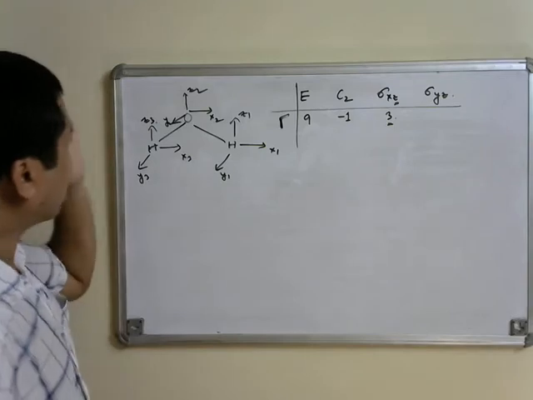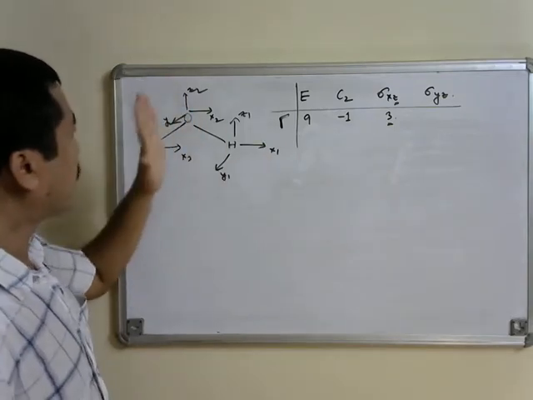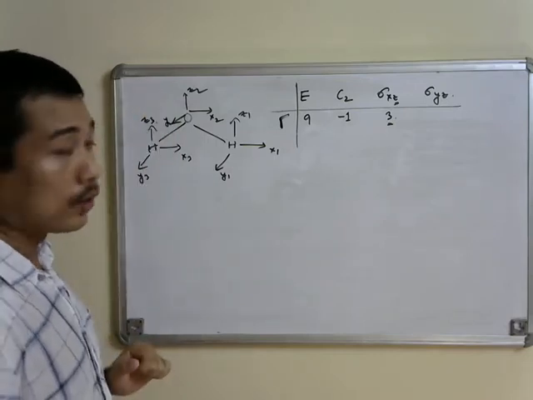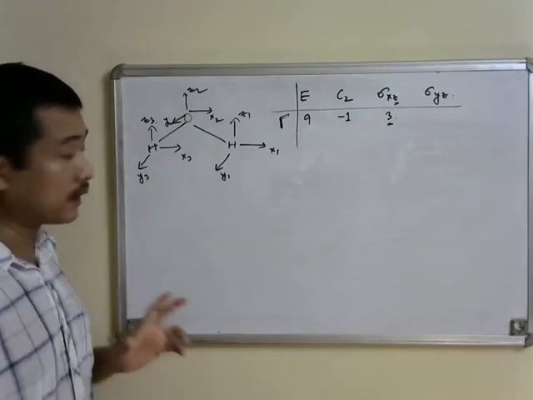So we see now, because this is the yz plane, it contains the y-axis and z-axis, and that is why the y-coordinate and z-coordinate are not going to change direction, while the x-coordinate only is going to change direction.